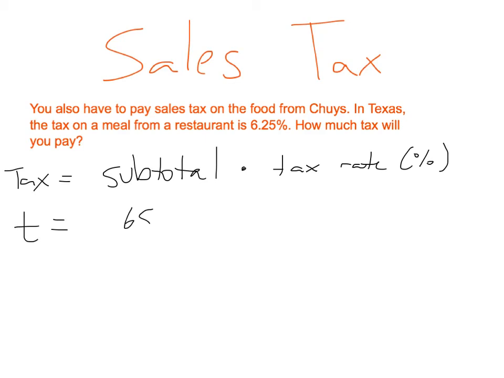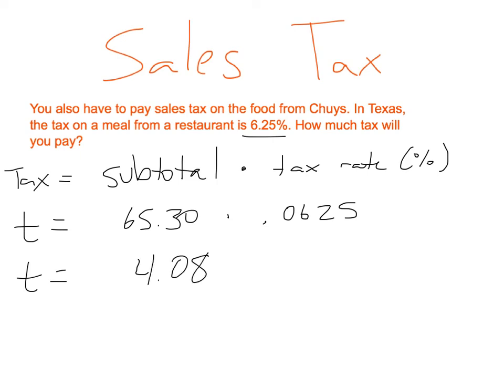Subtotal 65.30 times, in Texas, 6.25%. As a decimal, keep in mind that's 0.0625. So if you take 65.30 and multiply it by 0.0625, what you end up getting is 4.08125. Of course, we're talking about money, so we need to round to the nearest penny. So you get 4.08 as your tax right there, okay?